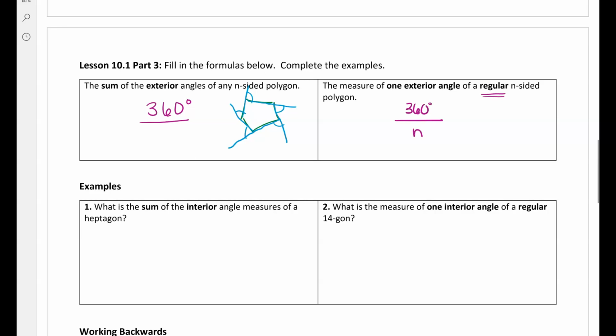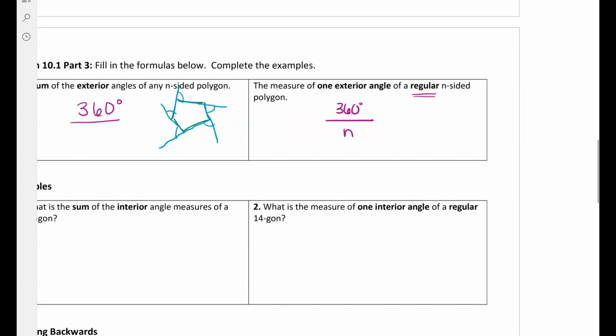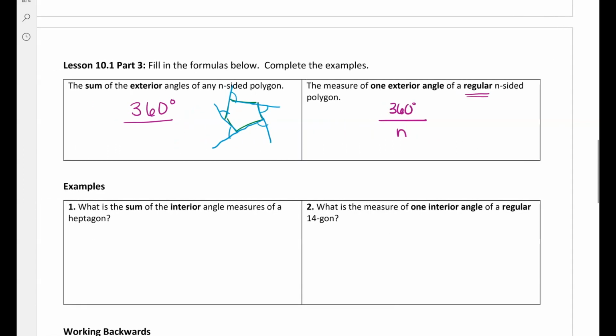So for example, if we use a shape that I think we're pretty familiar with, the equilateral triangle, if I do 360 divided by 3, that's what, 120?